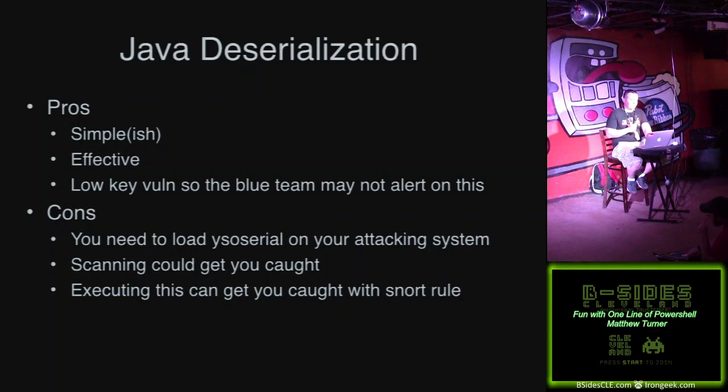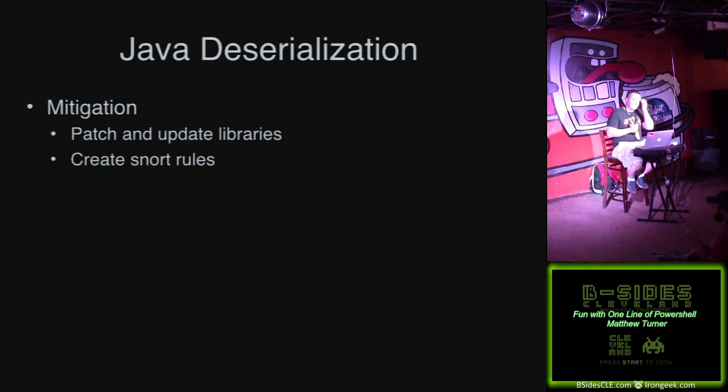So it's difficult to write a rule for that, but it's not impossible. Also, if none of these work, it's also worth just doing a scan with the Java RMI server module that's built into Metasploit. It's from 2011, but there's a lot of things just hanging around from then that haven't been updated. So that's also worth scanning your network for. To mitigate this, you patch and update libraries, and again, create snort rules.